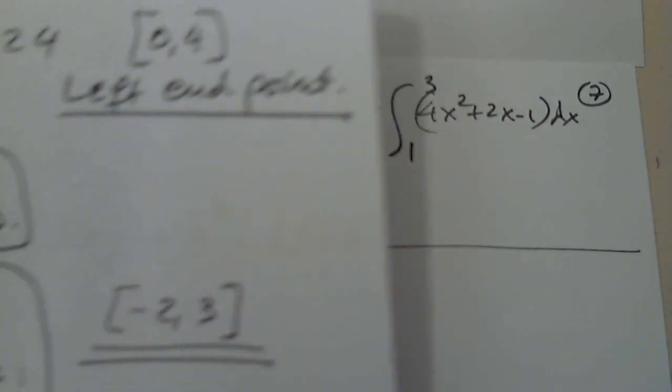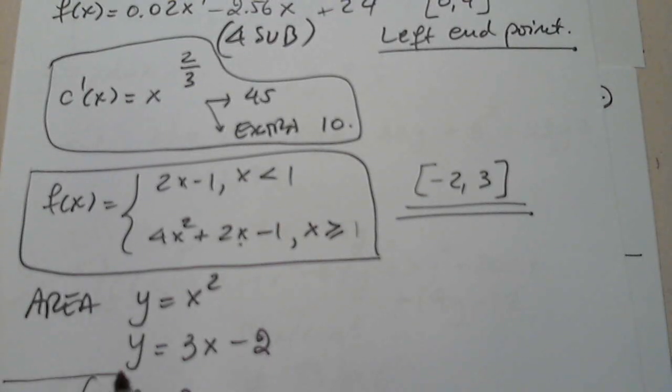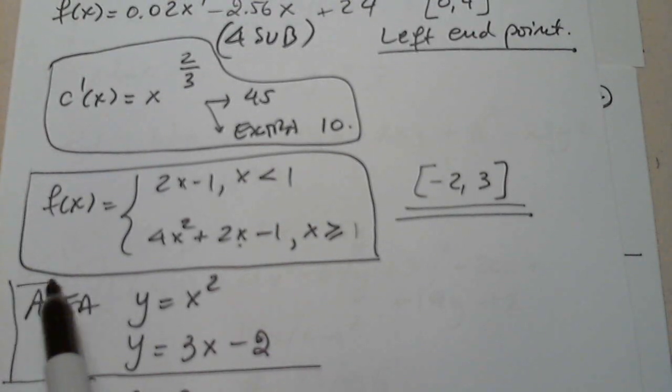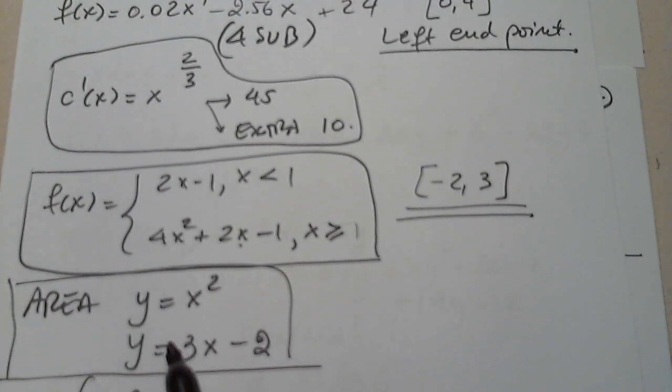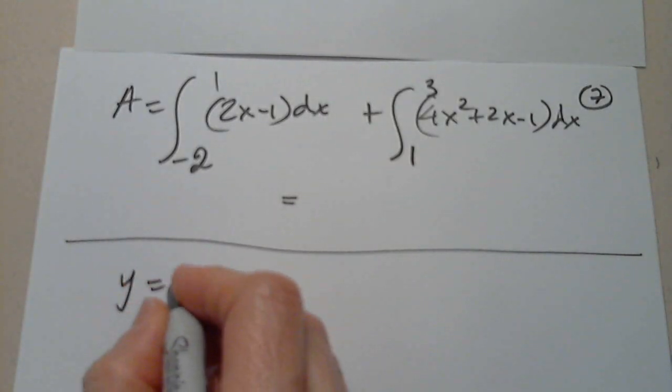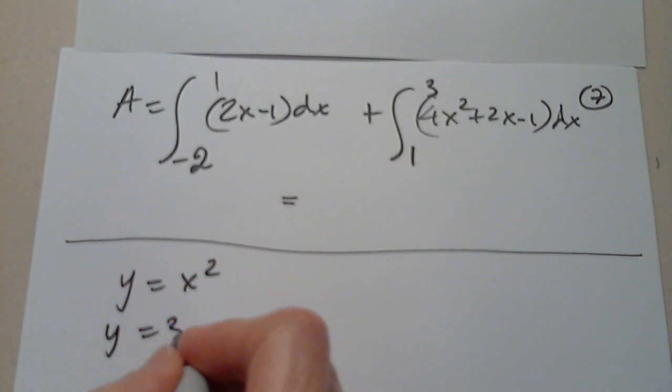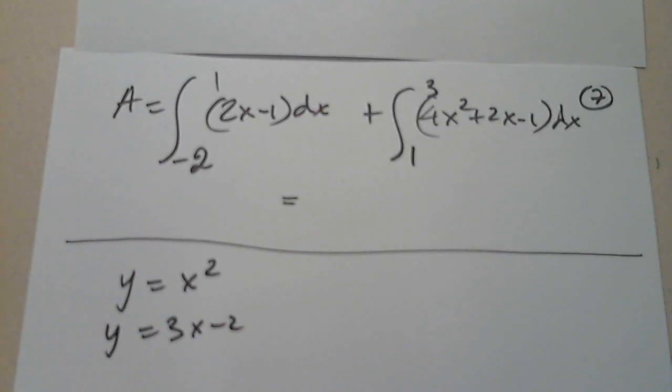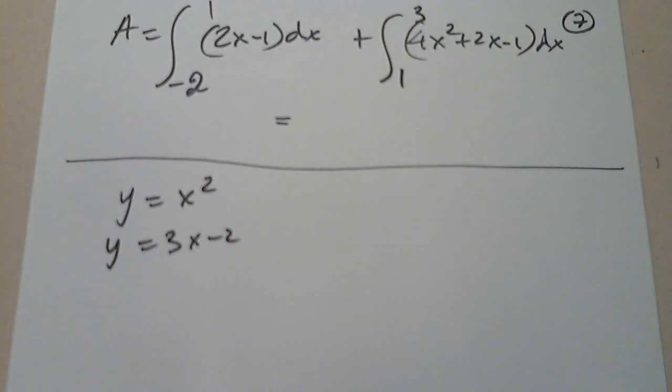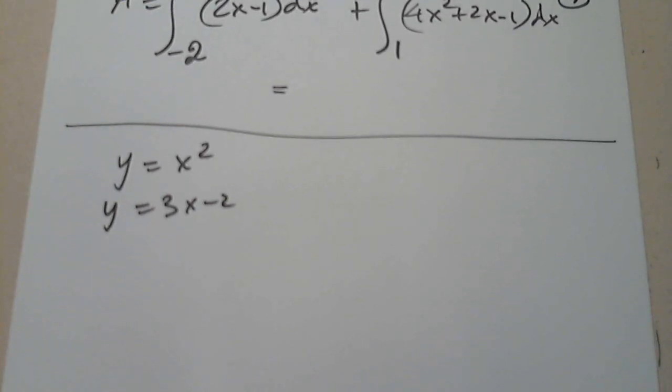The next problem is find an area. We're asked to find the area enclosed by these two. Good. So first, I have to graph those two, find points of intersection, shade in the area, and then find the area.